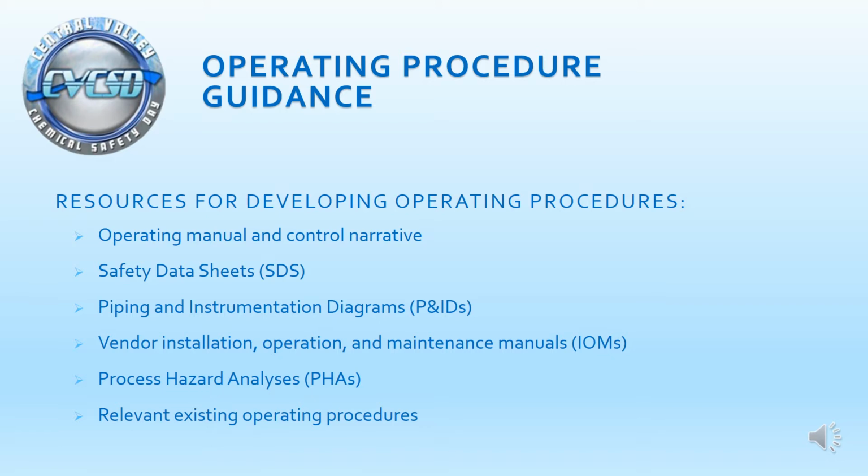Vendor installation, operation, and maintenance manuals are also useful to rely on in developing procedures. And process hazard analysis, these would be things that would show either warnings or cautions depending on risk associated with either certain procedures or situations.